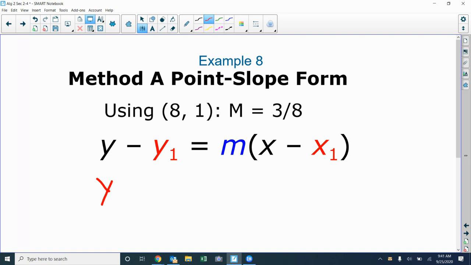Gotta watch your negatives here, so y is going to be -1 equals my m, which I've given you. I'm going to have x minus 8.